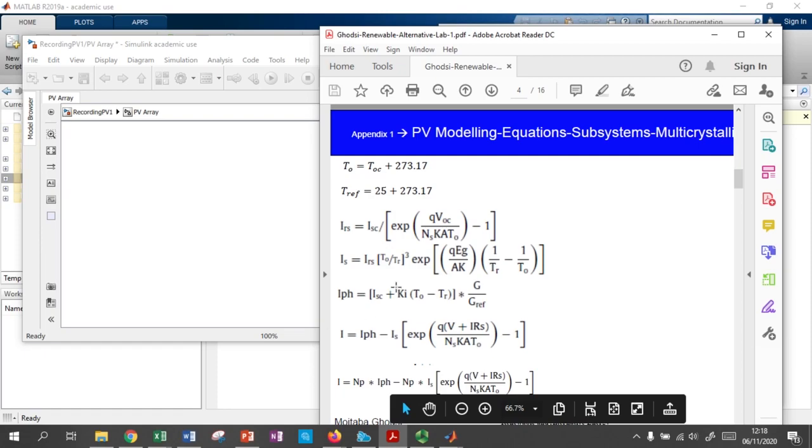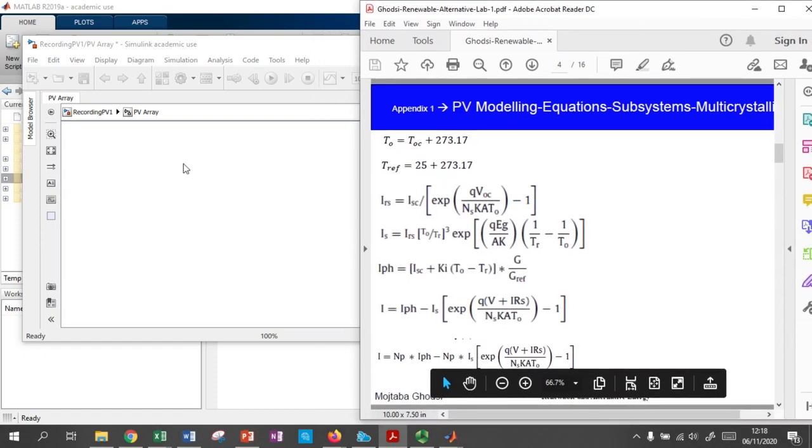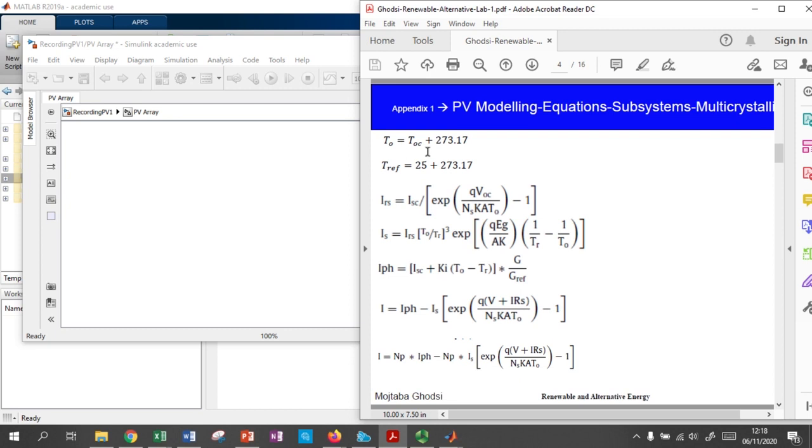All of these equations are used in order to make the PV array. The first one is T0 is equal to TOC plus 273. T reference is 25 plus 273.15. It's related to the thermal part of the solar PV panels.